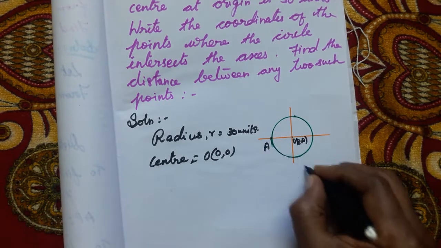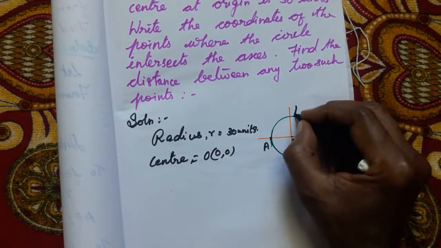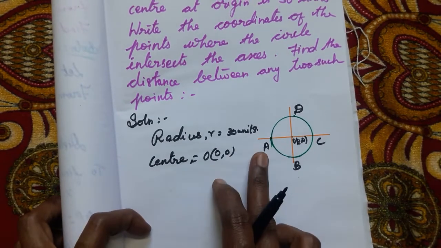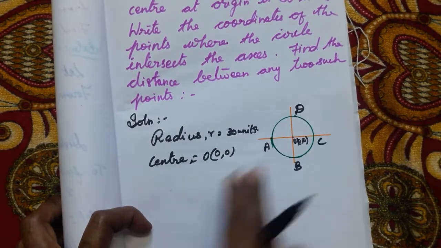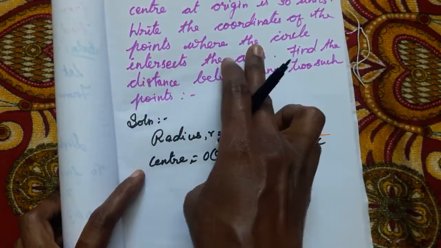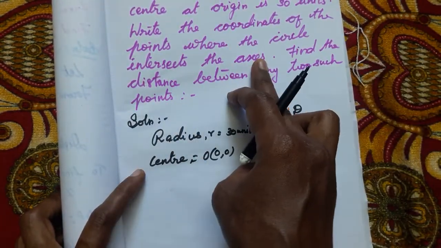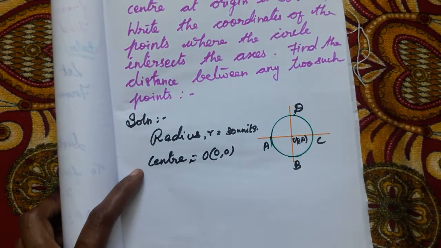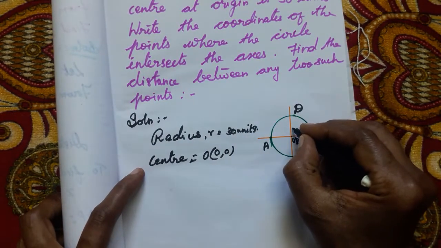I am taking A, B, C, D like that. Let A, B, C, D be the coordinates of the points where the circle intersects the axis. So, the radius is 30 units like that given.